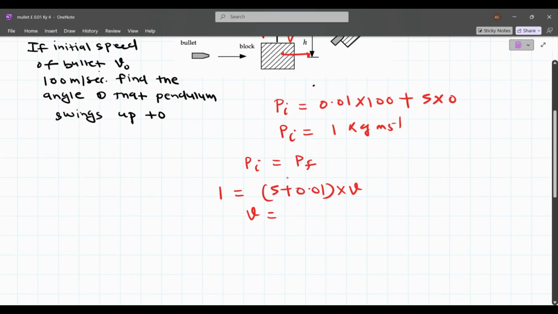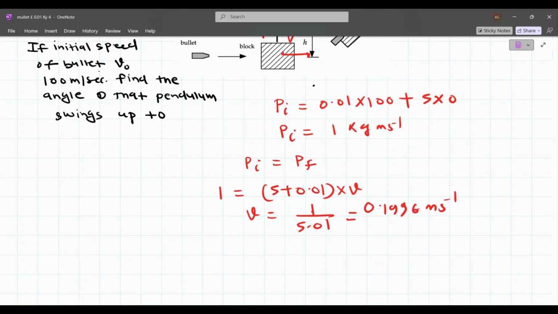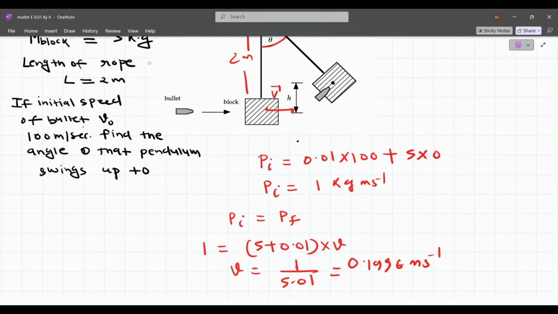So the velocity is 1 divided by 5.01, which is approximately 0.1996 meters per second.